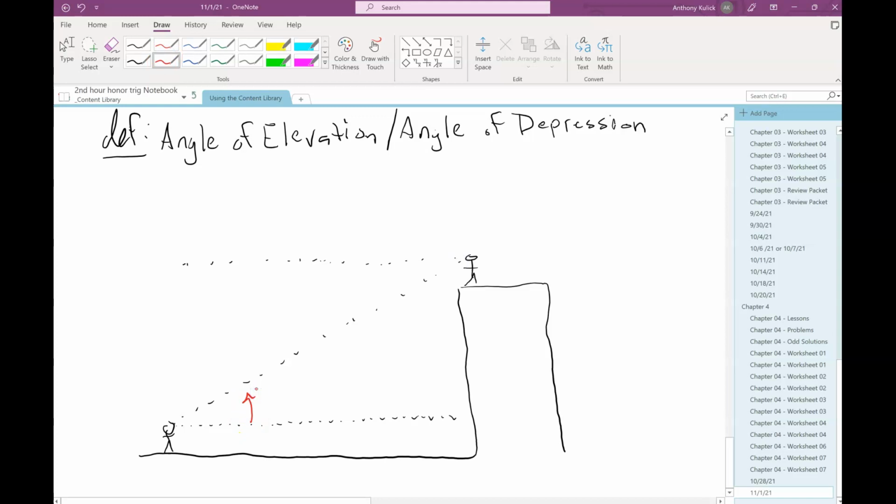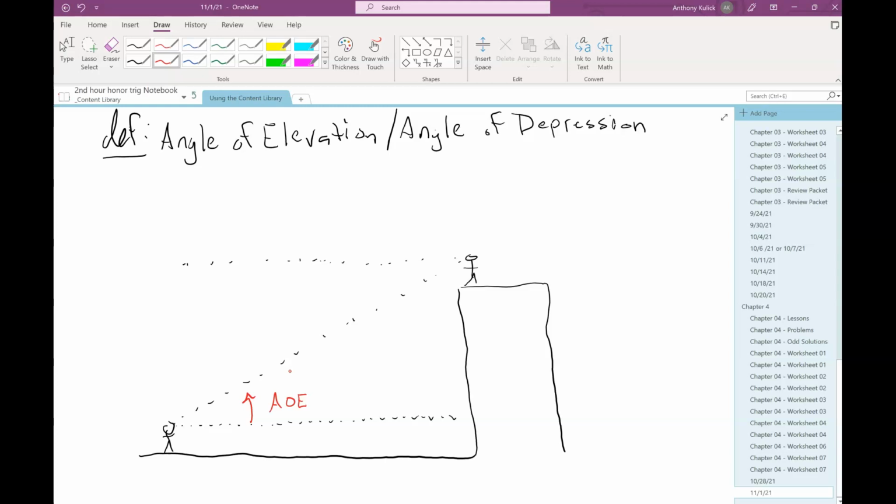So they're raising their line of sight from parallel to the ground to that elevated position. We call this an angle of elevation, where somebody at the lower level is looking up to the person, or the thing, at the higher level. And I'm abbreviating angle of elevation as AOE there. I hope that's clear.